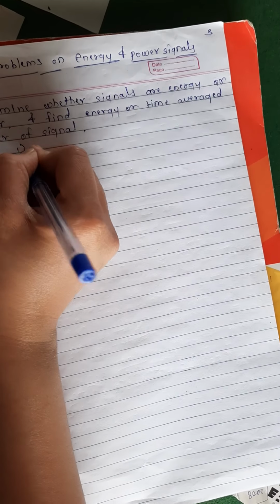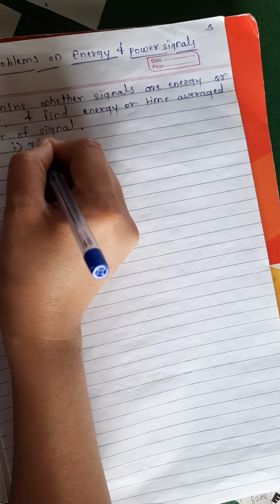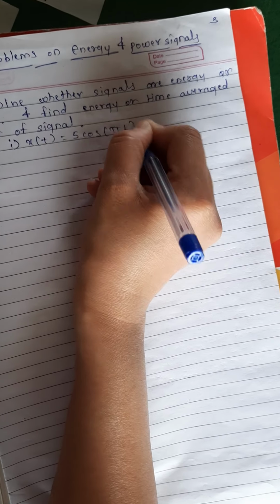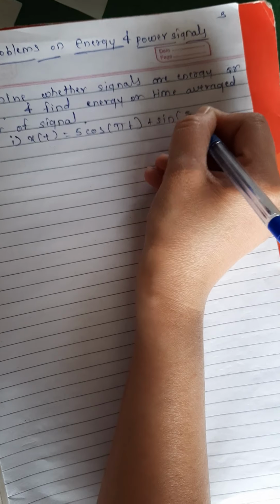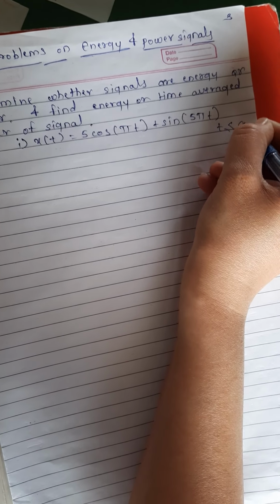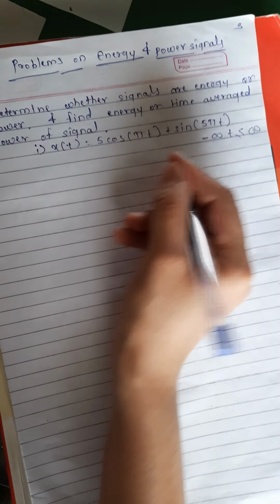So the first one is x of t is equal to 5 cos pi t plus sine 5 pi t, where t is between minus infinity and plus infinity.